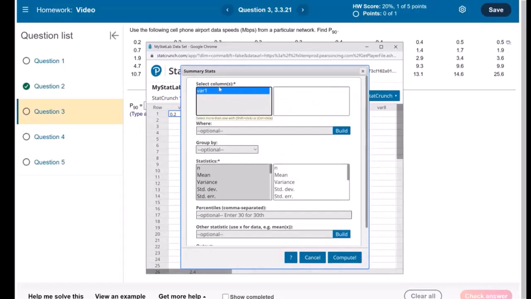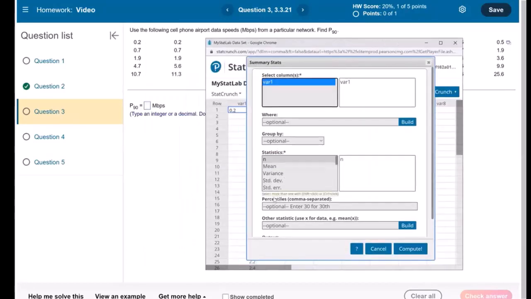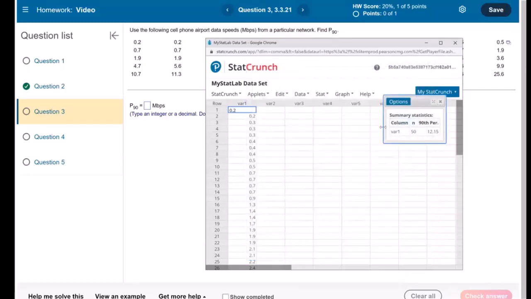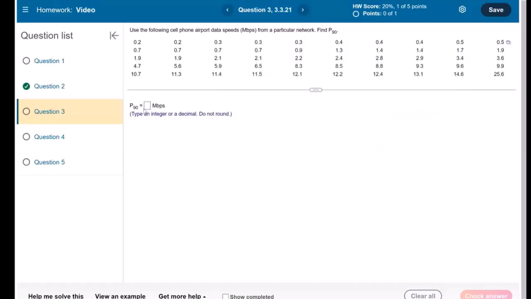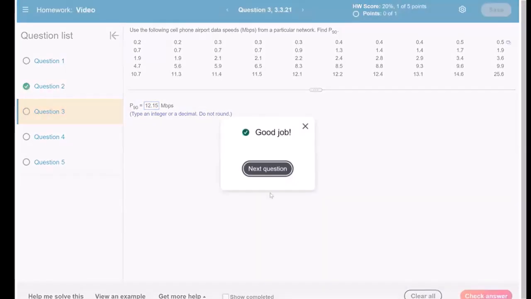I'm going to pick var1, and the only other thing I need is right here. It says percentiles, and it says optional. We're going to just type in 90 and compute. And I get 12.15. Do not round. 12.15. And I check my answer.